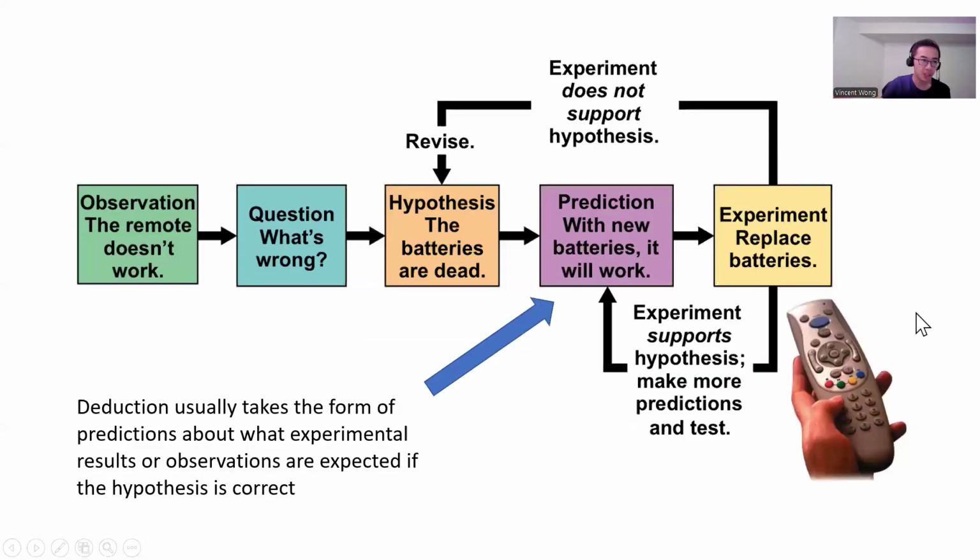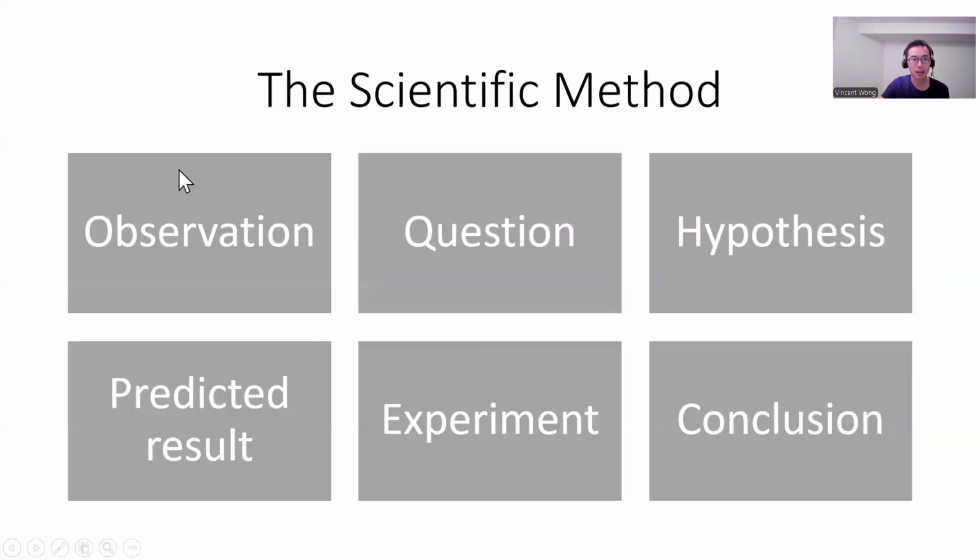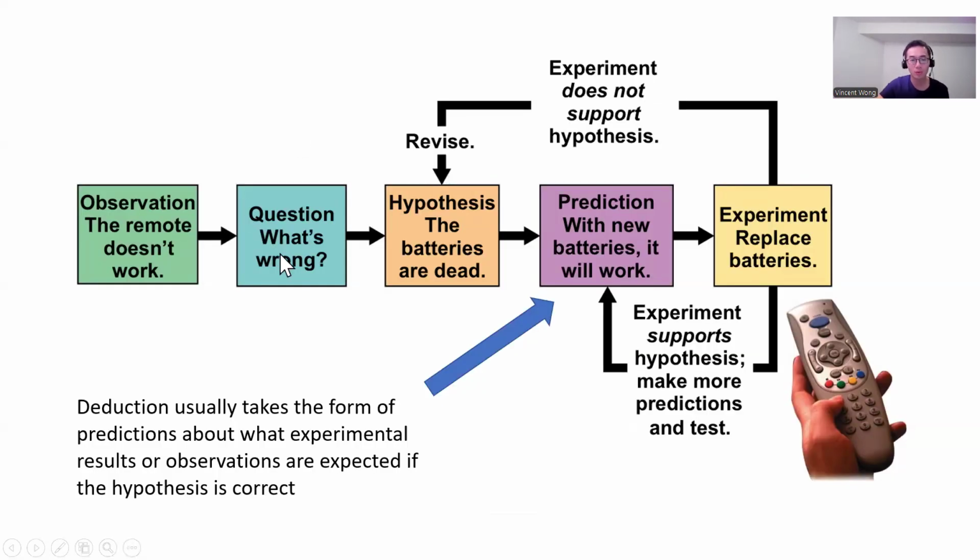You probably at some point in your life had this experience. You try to turn on the TV, but after you press the on button on the remote, it's not working. So that's the observation: the remote doesn't work. After observation, you ask a question. The question is, what is wrong with the remote?